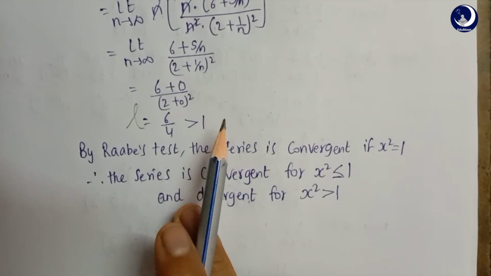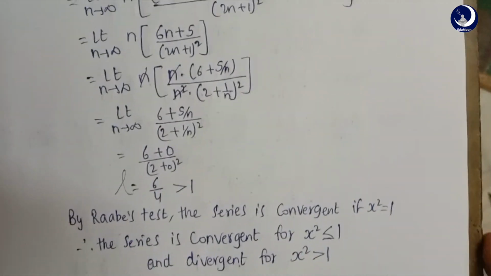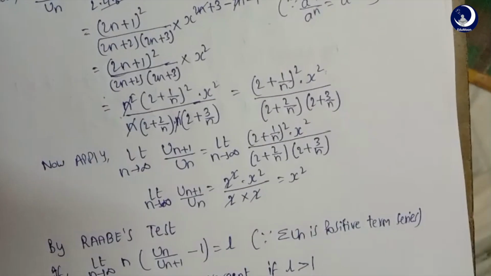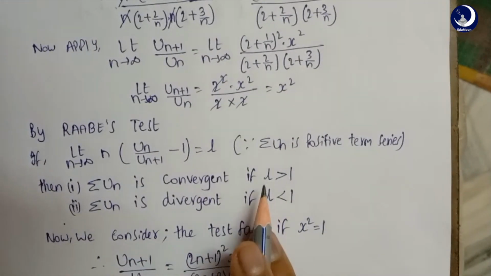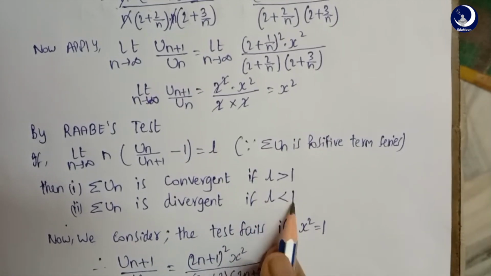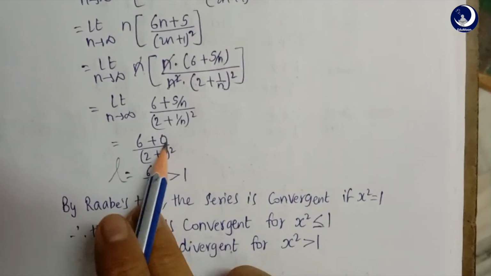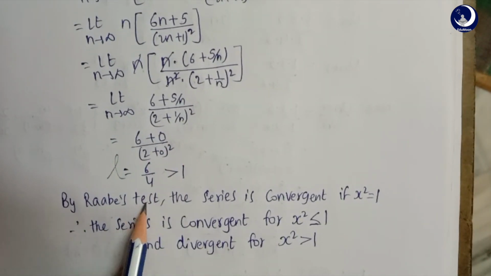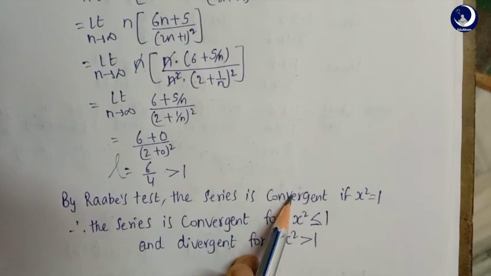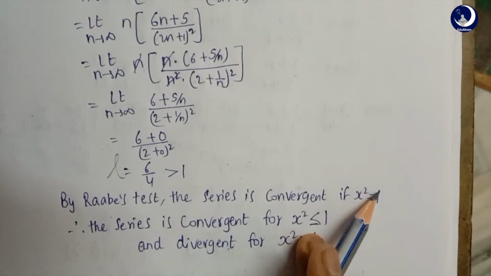So, as per the given, once we replace this, if L is greater than 1, it is convergent, and if L is less than 1, it is divergent. We got L greater than 1. So according to Raabe's test, this series is convergent if x square equal to 1.